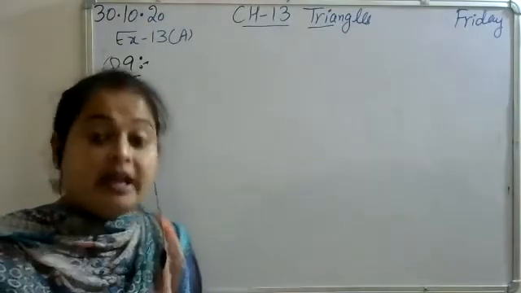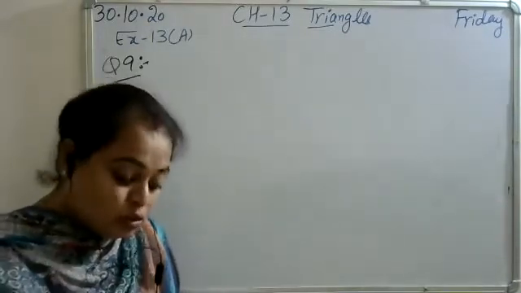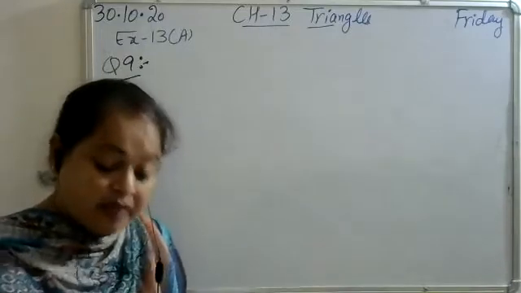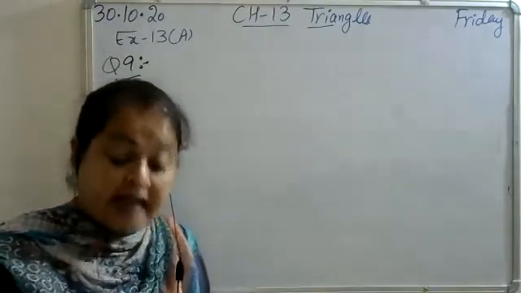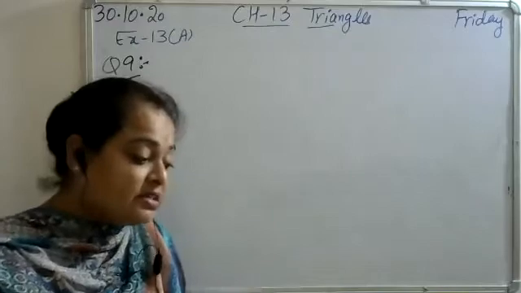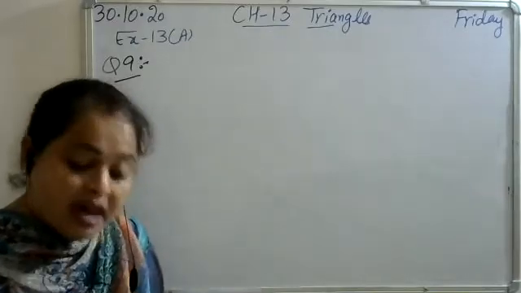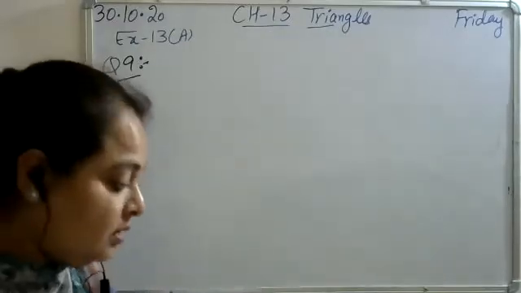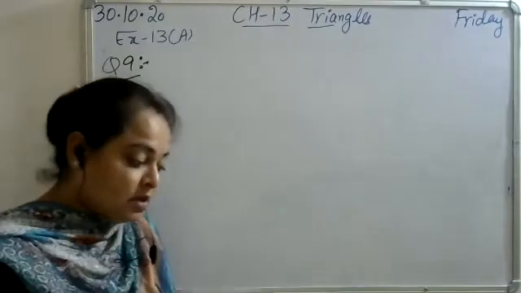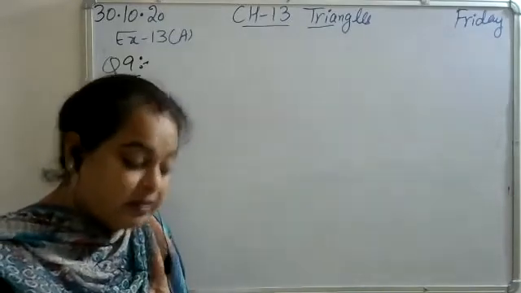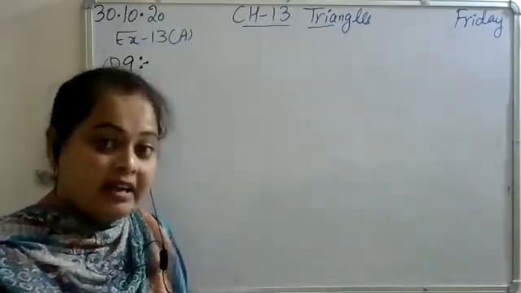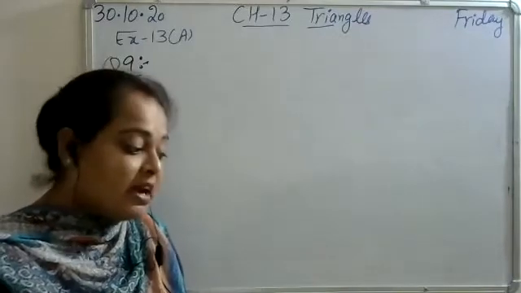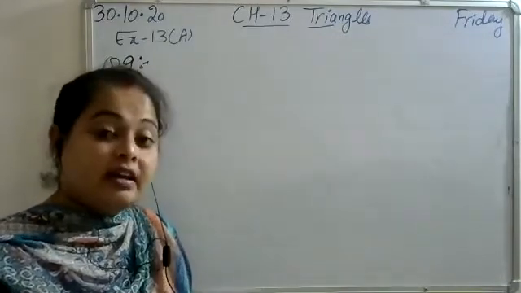Find the other acute angle. Students, as the name is given, right angled triangle, what does it mean? What is the meaning of right angled triangle? Right angled triangle indicates that in this triangle you will get one angle of 90 degrees.